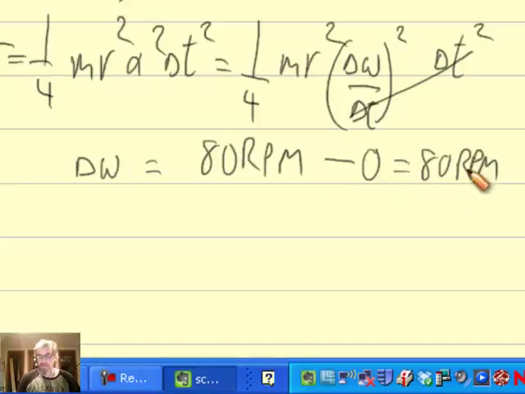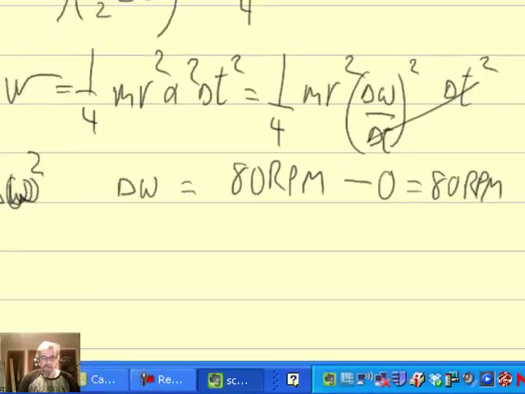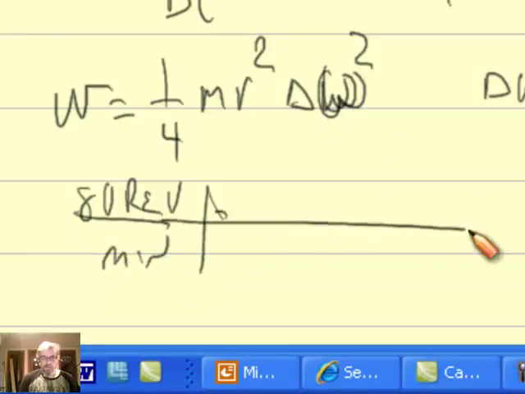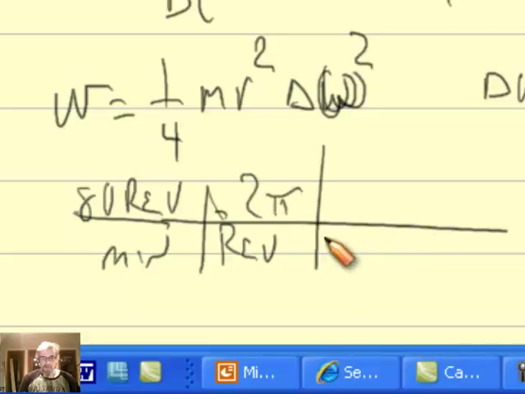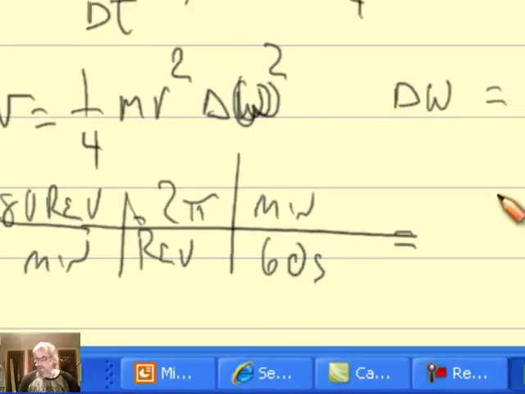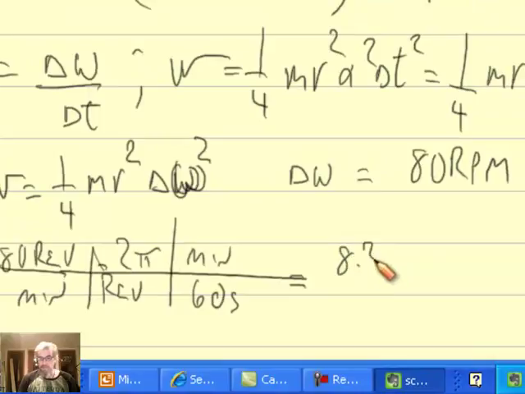That's how much the speed changed. But we're going to want that in radians per second. So let's take 80 revs per minute and we'll convert. We know that a rev is 2 pi radians. We also know that a minute is 60 seconds. And so when we do this calculation, we find out that 8.38 per second is our change in angular velocity.